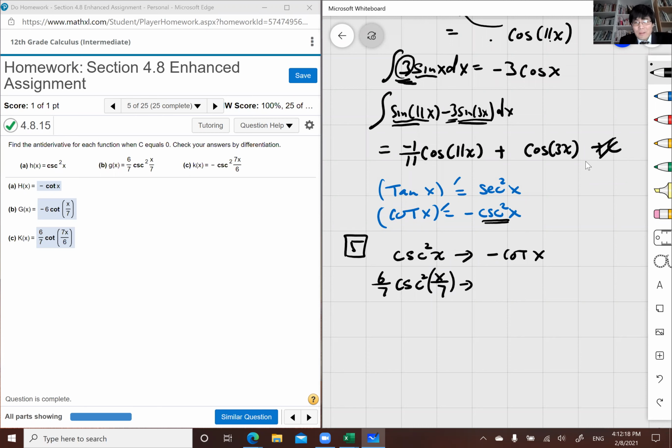You just take a cotangent, inside angle doesn't change. But when you differentiate this, you want to get negative 1 over 7 in front. So I had to multiply by 7, basically. So it's going to become negative 6 here.